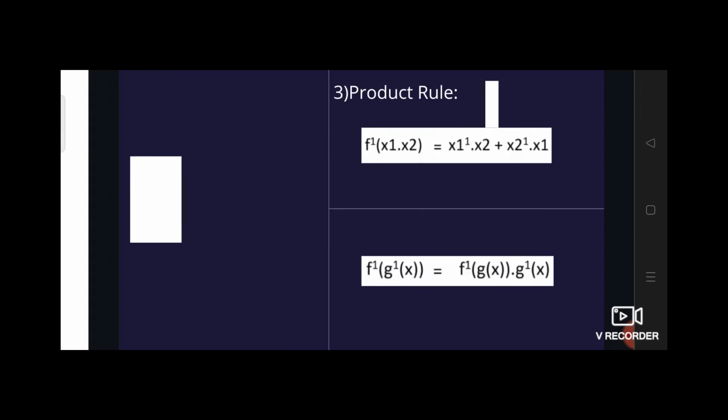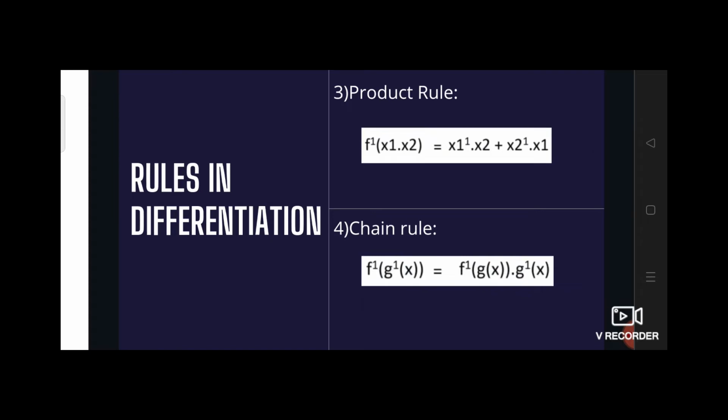And then the next one, the product rule, where the derivative of two multiplying functions is equal to the derivative of the first function keeping the second constant, added to the derivative of the second function keeping the first constant. Whereas the chain rule, finally, says the derivative of a function inside a function is the derivative of the core function multiplied by the derivative of the overall function.